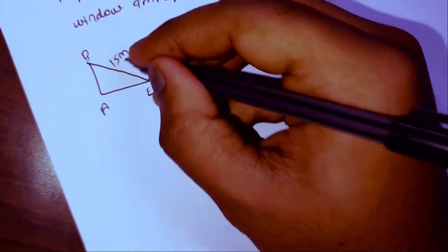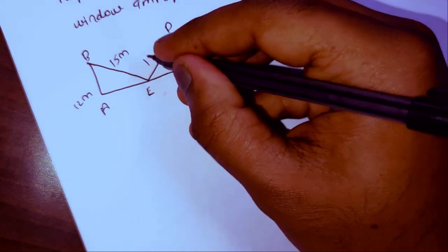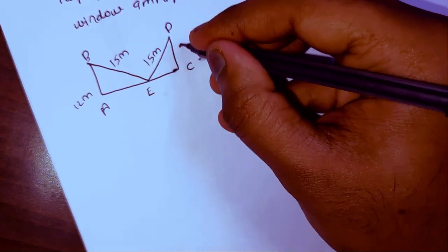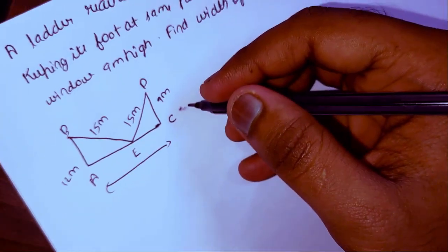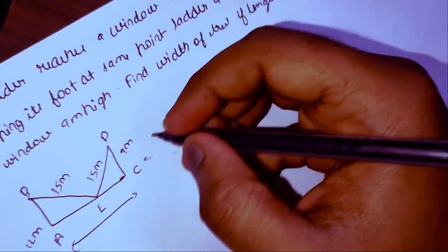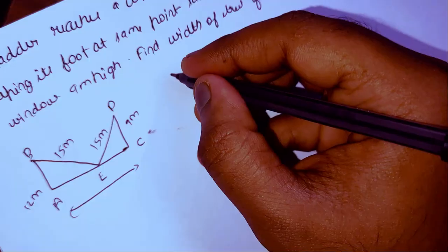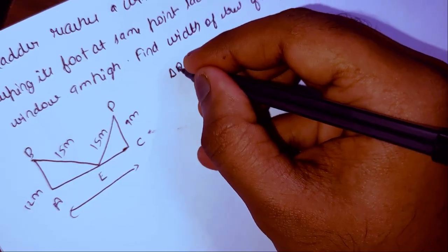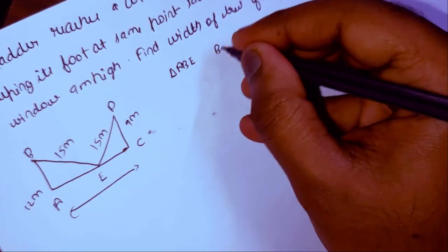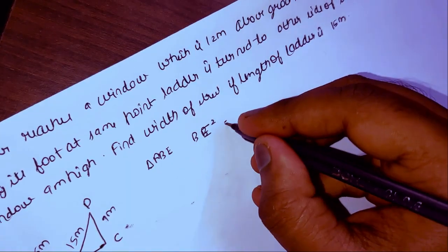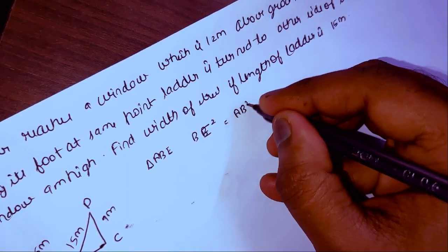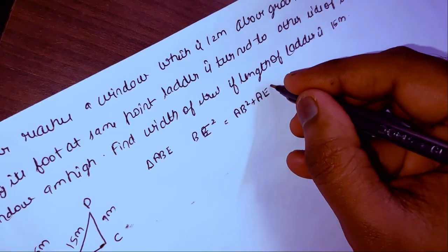This is given as 15 meter, this is 12 meter, this is 15 meter, and this is 9 meter. You have to find this distance. You know from triangle ABE, BE square is equal to AB square plus AE square.